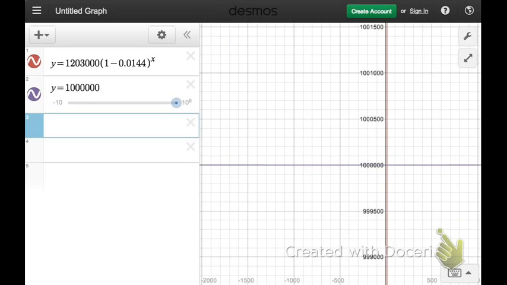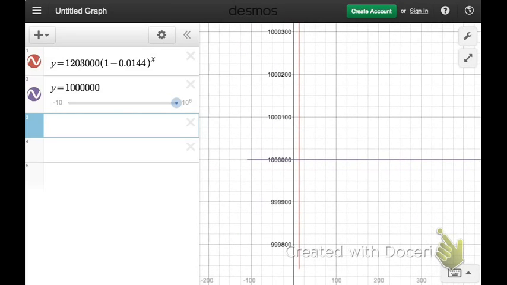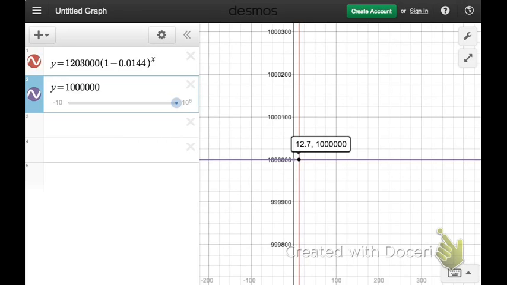We're finally getting closer. So this is going to be kind of difficult on your TI graphing calculators. So right here is where we see our intersection at x equals 12.7. 1 million. So that's our answer. It takes 12.7 years.